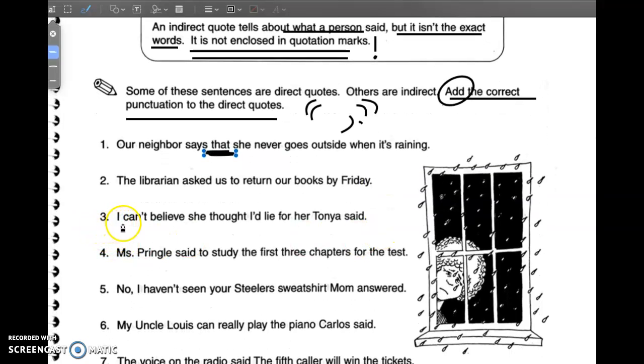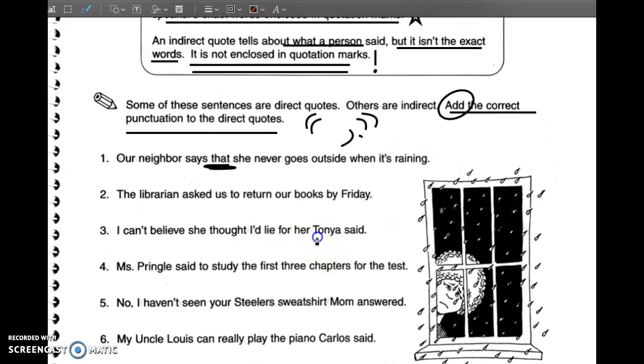Take a look at number 3. I can't believe she thought I'd lie for her, Tanya said. Is anybody directly speaking in this sentence? Yeah, if you said that Tanya is speaking in this sentence, you are absolutely right. Tanya said is our source words. What is Tanya saying? She's saying, I can't believe she thought I'd lie for her. Perfect.